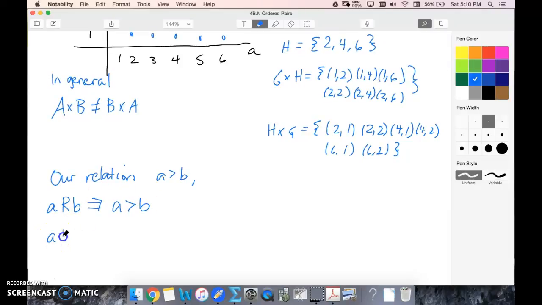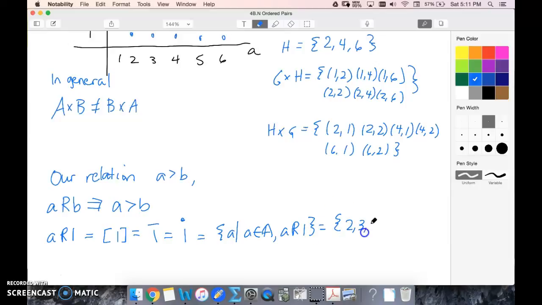So if we look at all the points where A is related to 1, that's the same as looking at, we could use this notation of 1, or we could put a line over 1, or we could put a dot over 1. And all of those are going to be the A values, where A is an element of A, and A is related to 1. So in this case, that set of values is going to be 2, 3, 4, 5, and 6. Because these are the values that are all greater than 1 in our set.